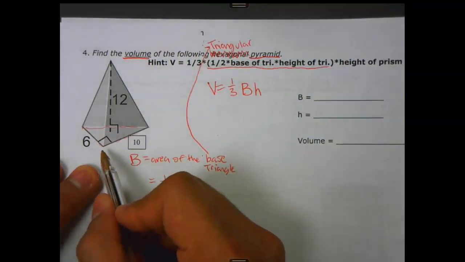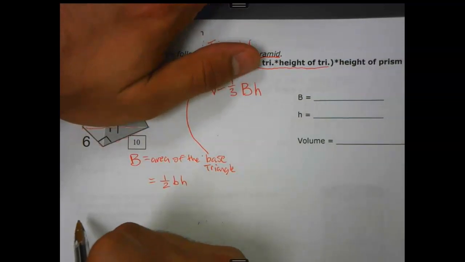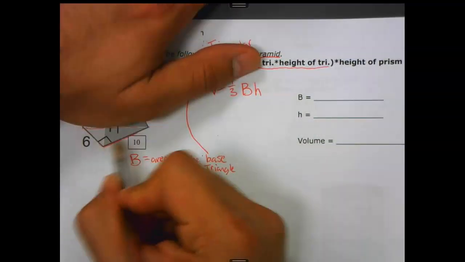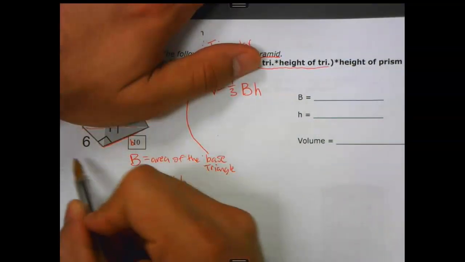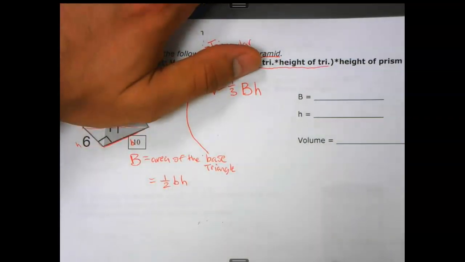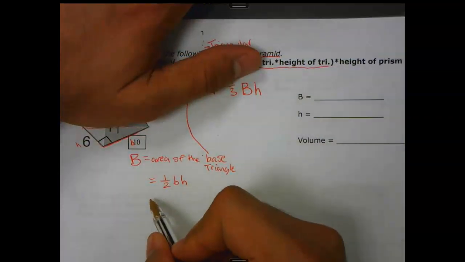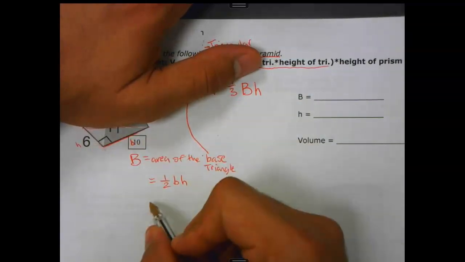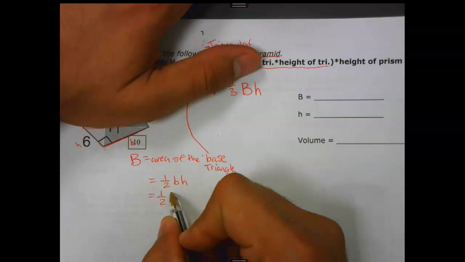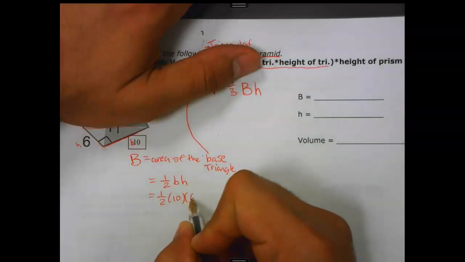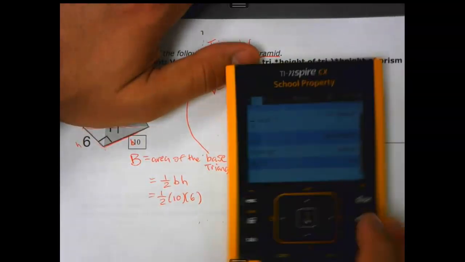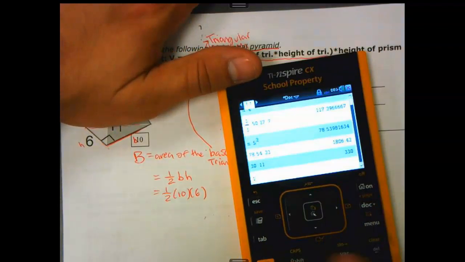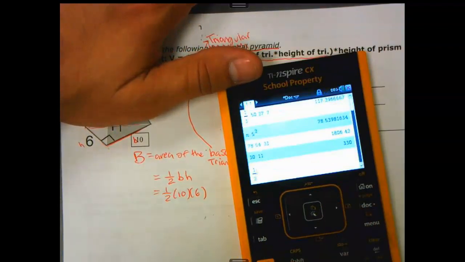So if I'm looking at just the triangle, kind of ignore the top part. Little b is 10, and then h of the triangle is 6. So let's do 1/2 this base times this height of the triangle. So 1/2 times 10 times 6.